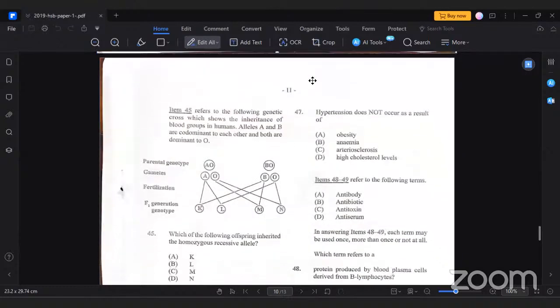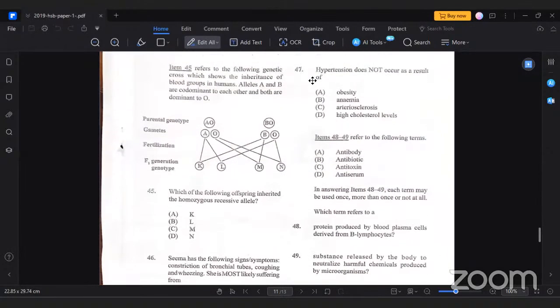Now we move along to 45, which refers to the following genetic cross, which shows the inheritance of blood groups in humans. Allele A and B are codominant to each other and both are dominant to O. Which of the following offspring inherited a homozygous recessive allele?